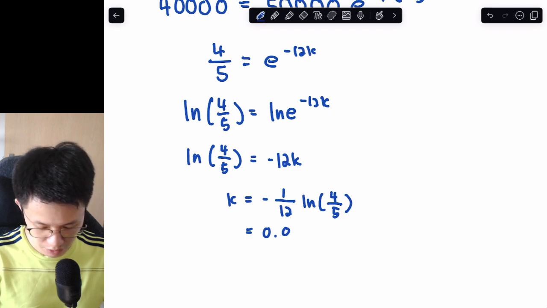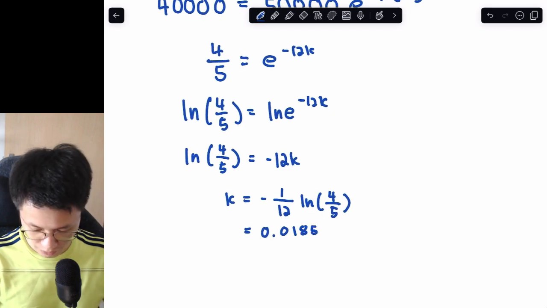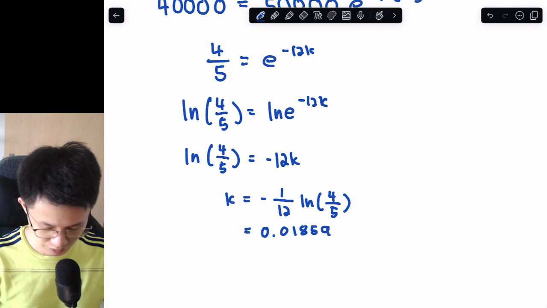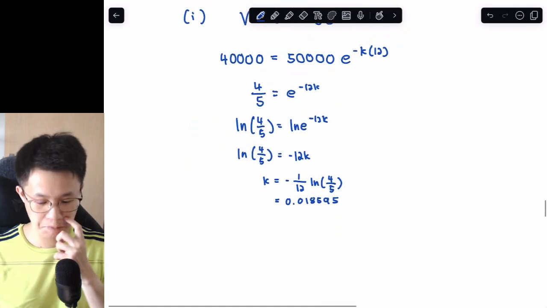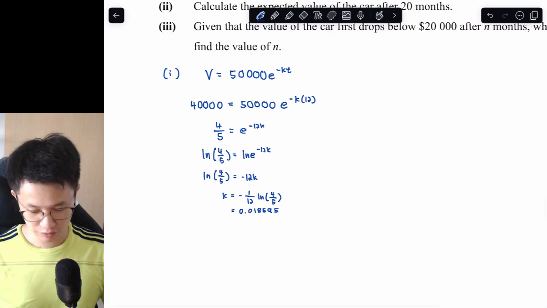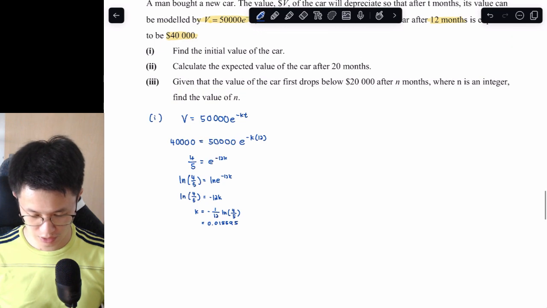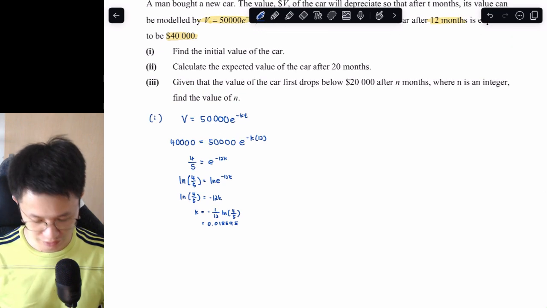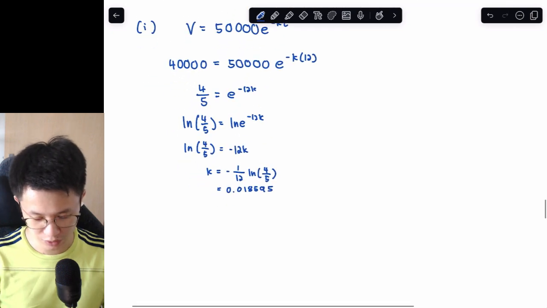So it will be 0.01895. Pretty small value here. So finding k is just the start. You don't really have to find k for part 1, but you're actually going to need k for part 2.